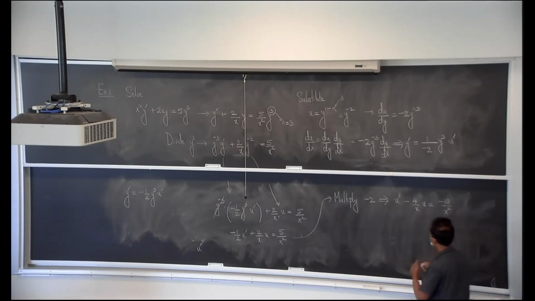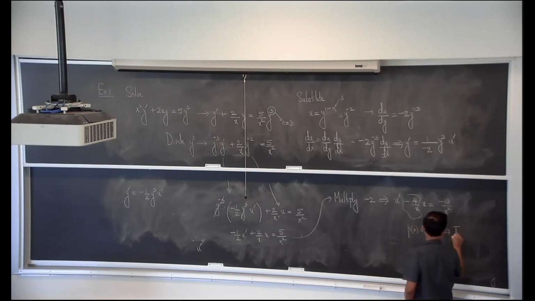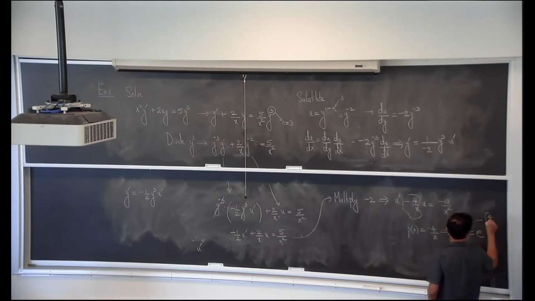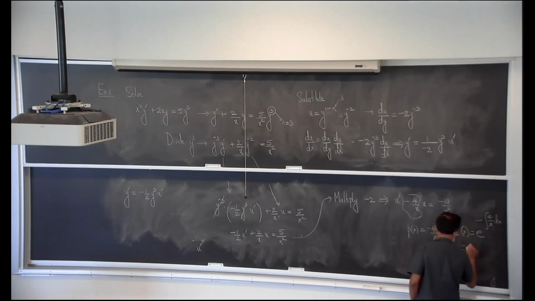Okay. So your p of x here is negative 4 over x. So the integrating factor is e to the power of negative. Okay. Remember, I think this was the first example similar to this we did in section 1.4. So this is e to the power of negative 4 ln of x, which is x to the negative 4.